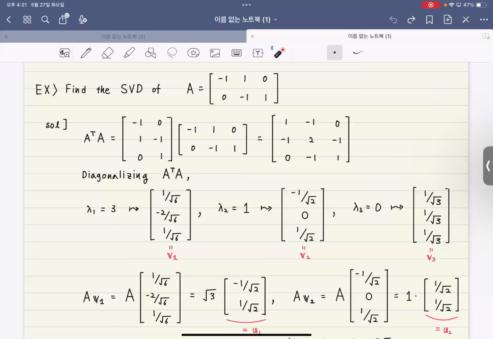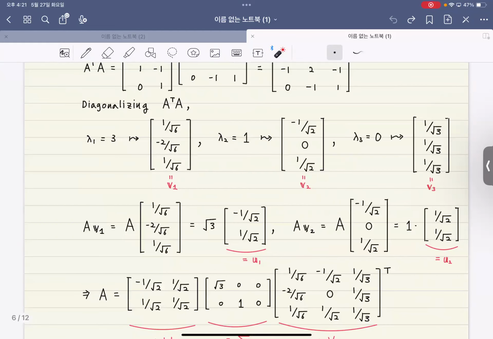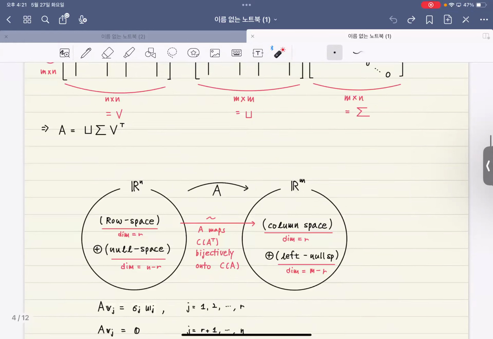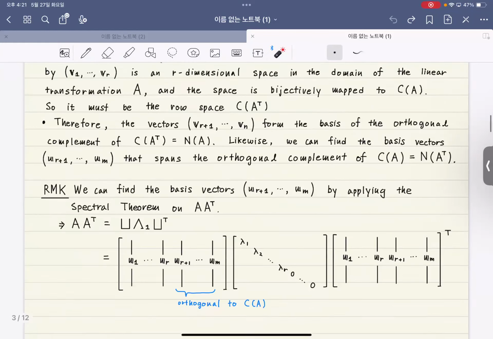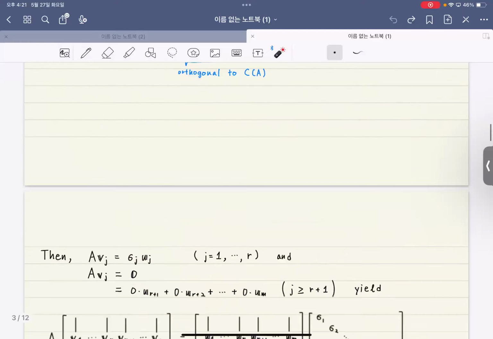Therefore, for this matrix, there is no nontrivial left null space. Well, there is a left null space, but it is a trivial space. So you do not need to find the basis vectors for the left null space. That is why I do not need to apply the diagonalization of AA transpose. In other words, I do not need to pick these basis vectors for the left null space. This procedure is not necessary.